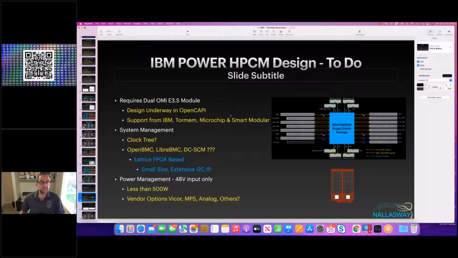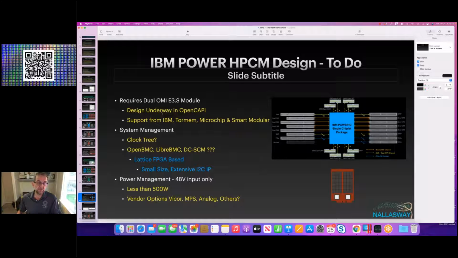So in OpenCAPI, we already have this dual OMI E3 module design in development that will plug into this Power 10 module. So you'll be able to get a total of 16 channels of OMI, which is the maximum that Power 10 can support, and that's at a terabyte per second into this Power 10.